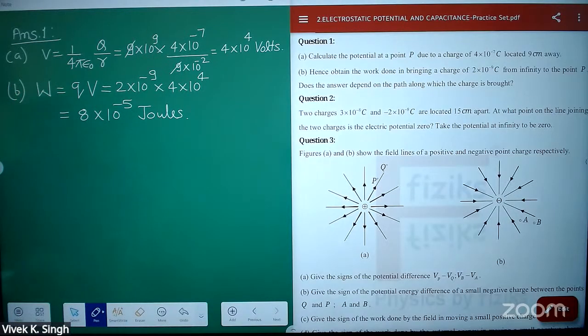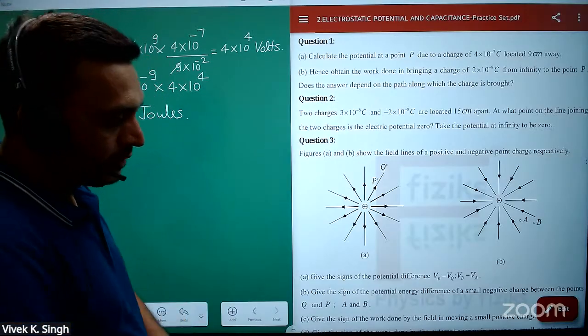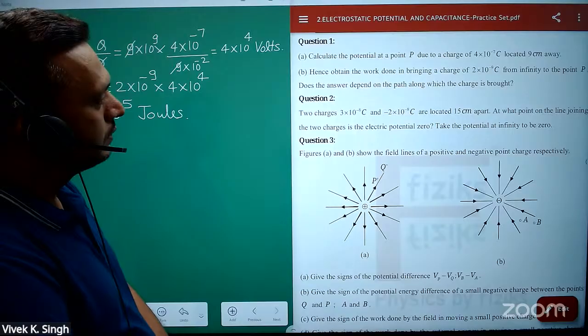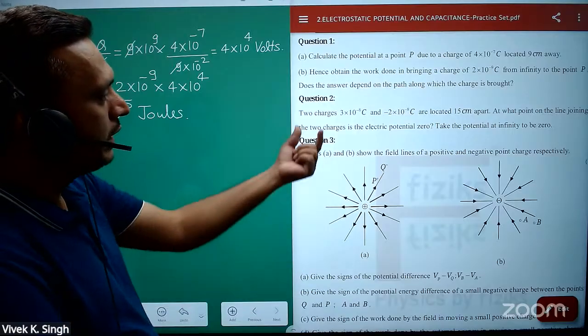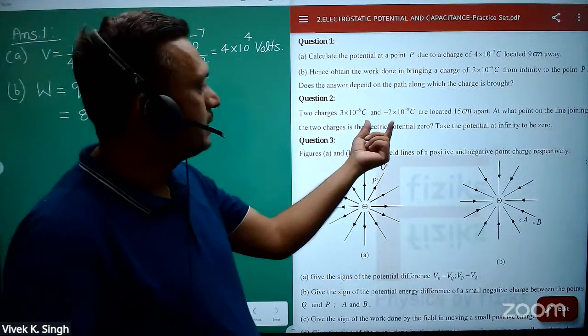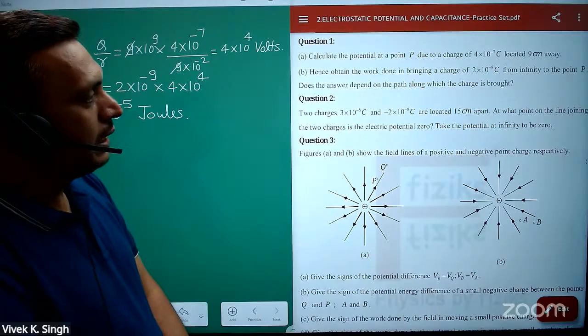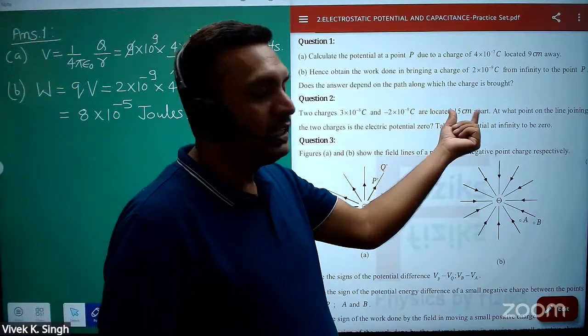Now see question number 2. Now you have two charges. One is 3 into 10 to the power minus 8 coulomb and another is minus 8 into 10 to the power minus 8 coulombs, and they are located 15 centimeter apart.